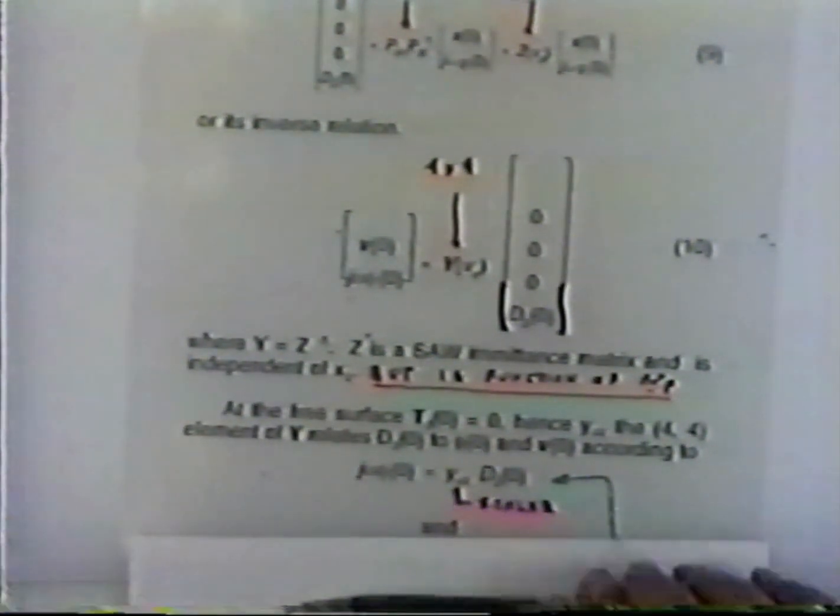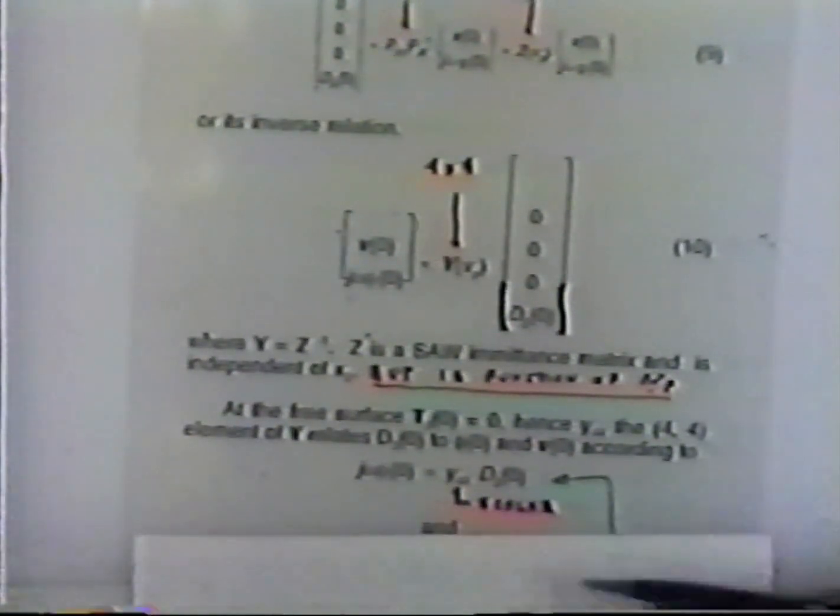If you just expand this out, you have a 0 times the first column and so on and so forth. The only thing you have left is the equation where the arrow is pointing, which says that the potential is equal to the 4 element of that Y matrix times D3.